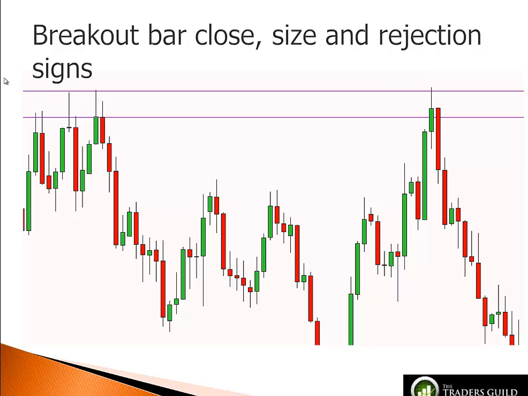We can see from this area, and there's likely to be further supply to the left, and price is coming back with rejection. I want to see a close above here, or not any kind of rejection from here.